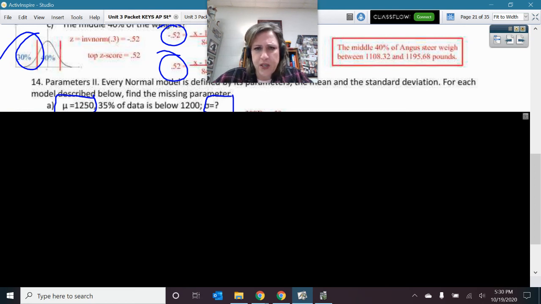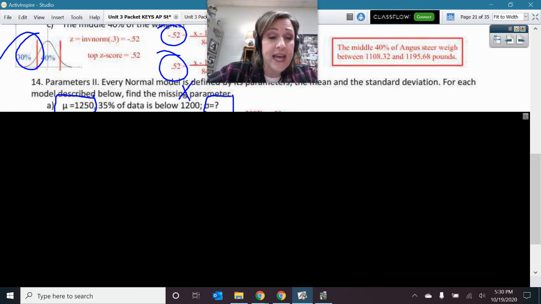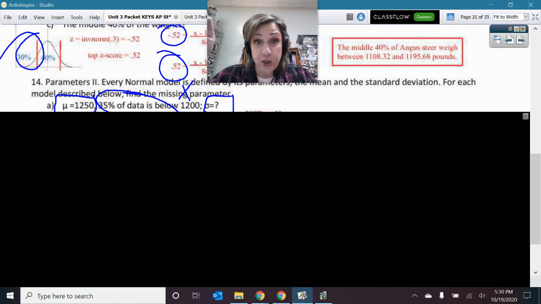But let's look at this middle statement: 35% of data is below 1200. Well, 1200 is another context. That is your X. So that 1200 is your X, and you're going to use this 35% below. That's percent.